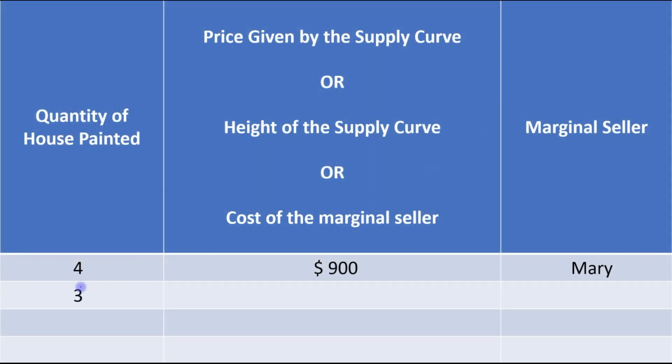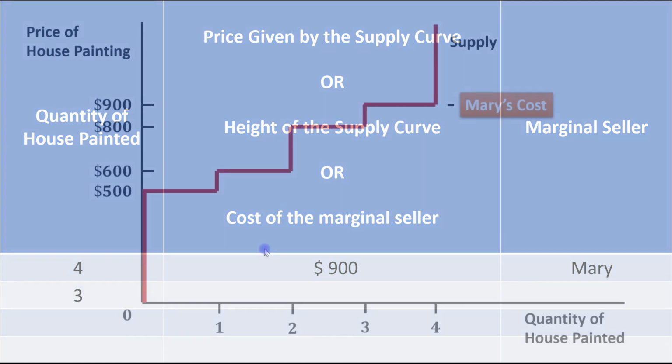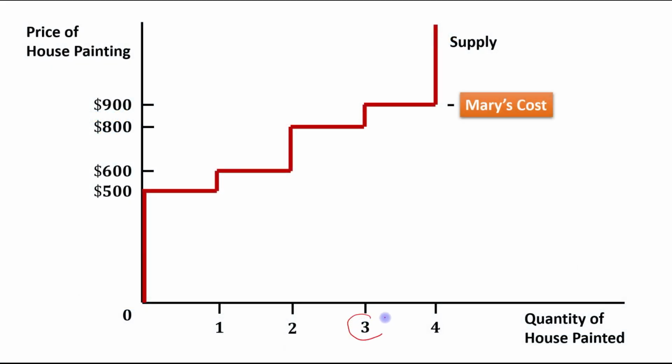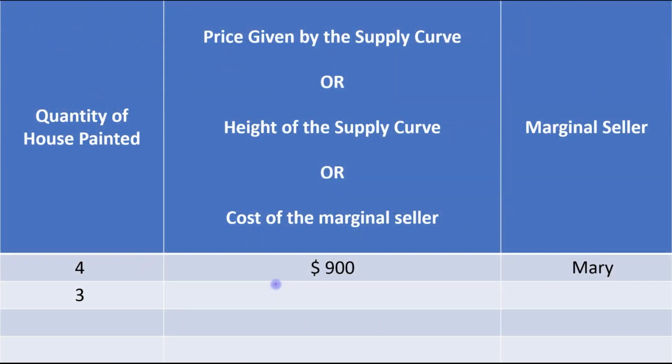When the quantity of house painted is 3, the height of the supply curve, or the price given by the supply curve, is $800.